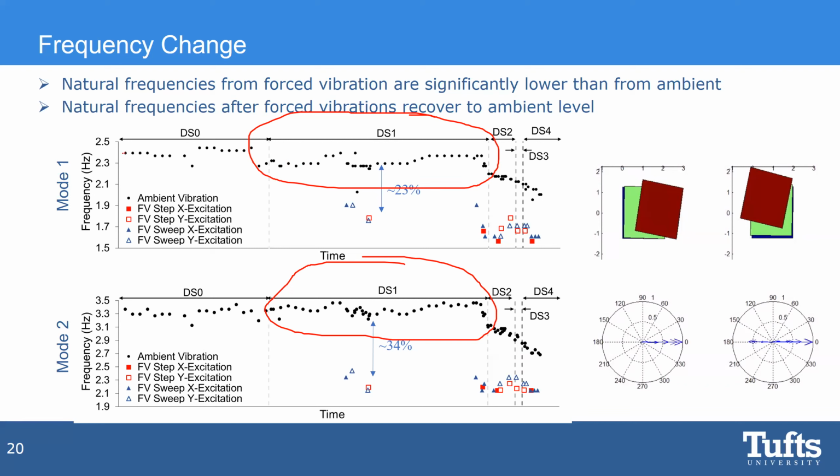Mode 1, around 2.4. Mode 2, about 3.3. It goes a little bit up and down, but look at when I excite it. When that shaker is rotating, it goes down to these triangles and rectangles and squares. And then it goes back up.